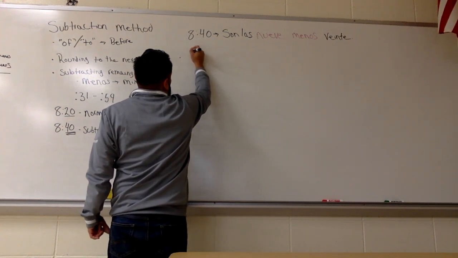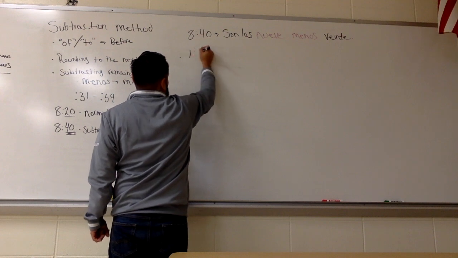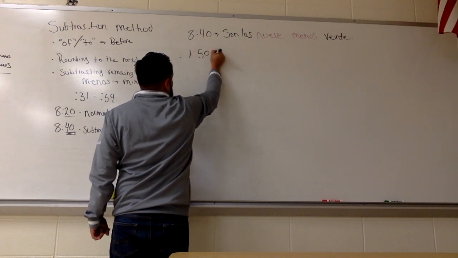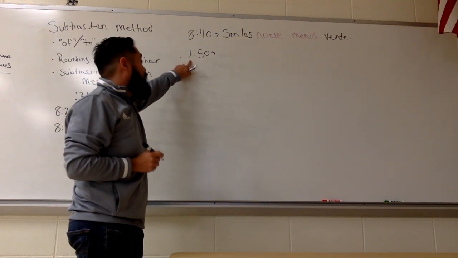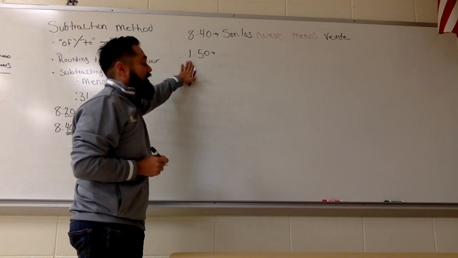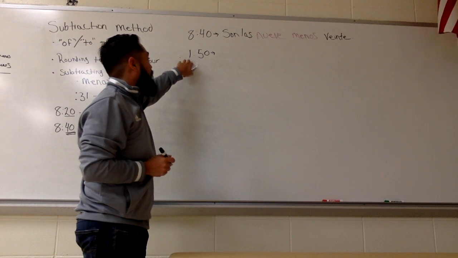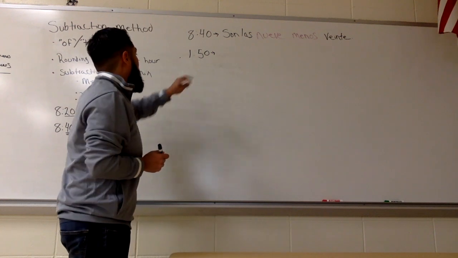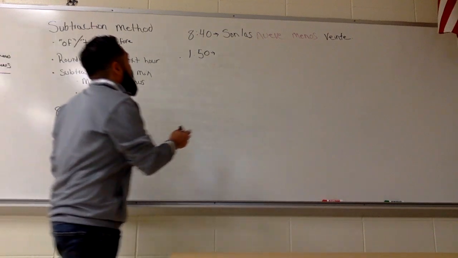Here's where we have to be careful, okay? If it's 1:50, typically we would start this with saying es la una because we're talking about 1 o'clock. But with the subtraction method, I cannot do that because I'm not talking about 1 o'clock anymore. I'm really talking about 2 o'clock. So the 50 falls inside my parameters of 31 to 59, right?